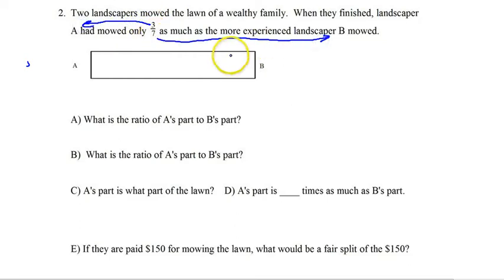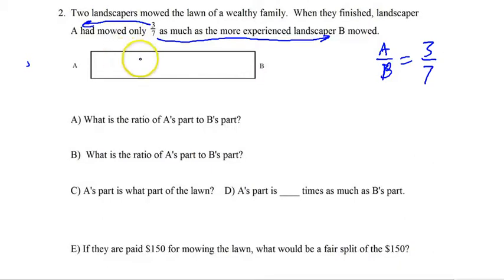Remember, that ratio is the same as the multiple. So that means the multiple is the same as the ratio. So that means they have a 3:7 ratio, because A has mowed only 3/7 as much as landscaper B, meaning that A is 3/7 of B. So that means A mowed 3 portions to B's 7.